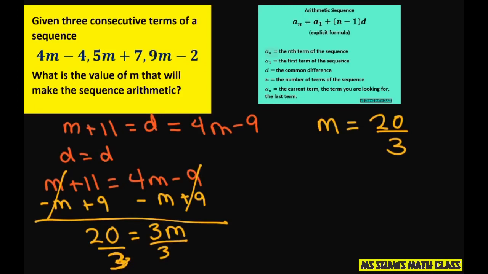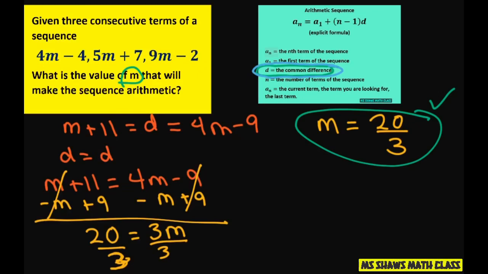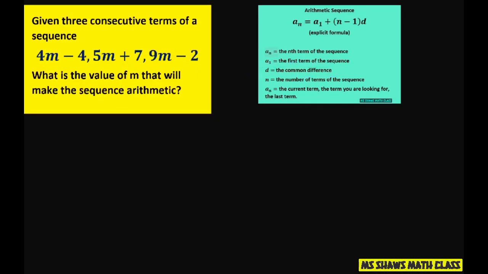Usually, when I get the value, that's all we have to do, so basically we're done. But anytime I get a fraction, I like to double check to make sure I did it right. So we finished the problem, but let's make sure by plugging it back in and actually finding the common difference. So m equals 20 divided by 3.